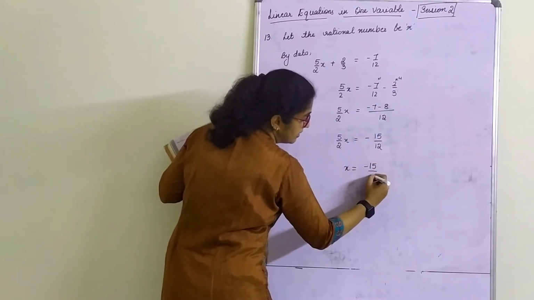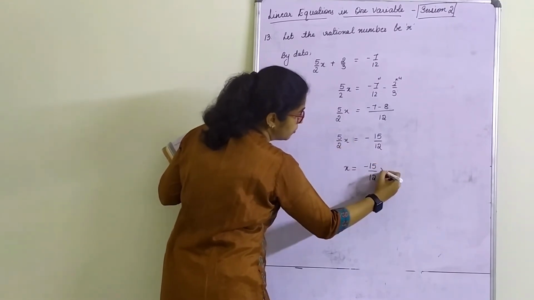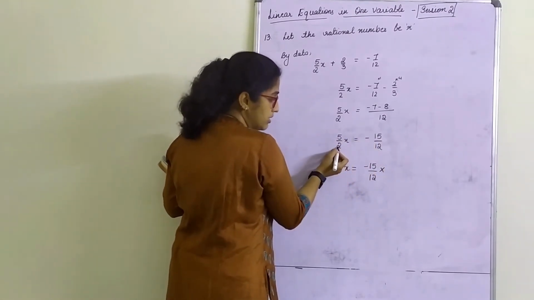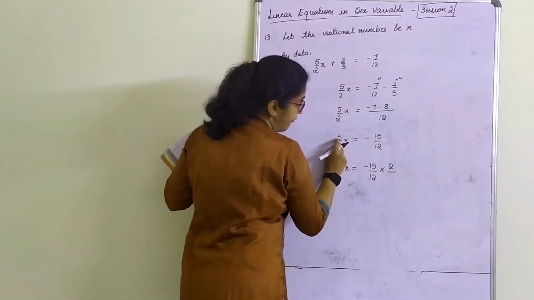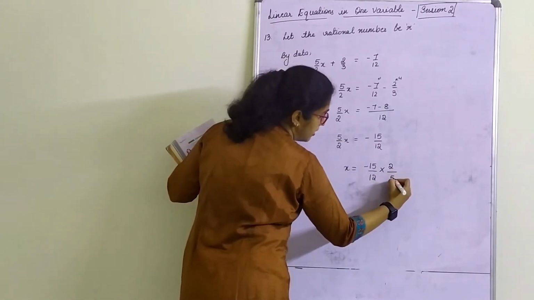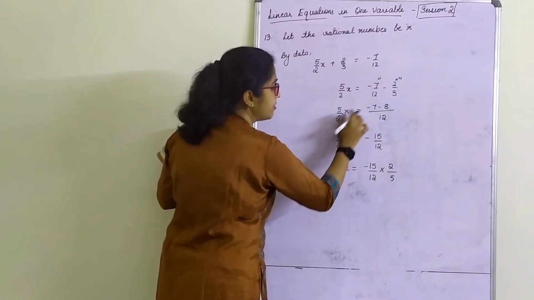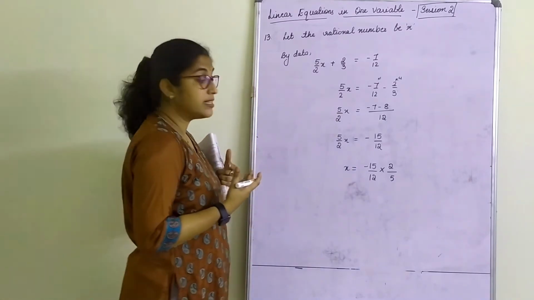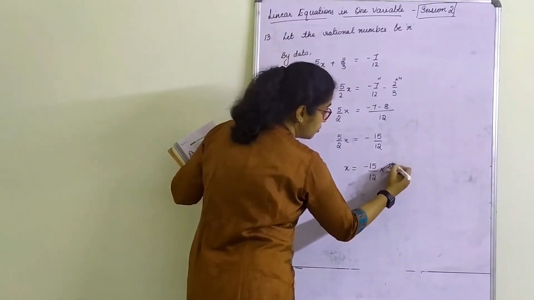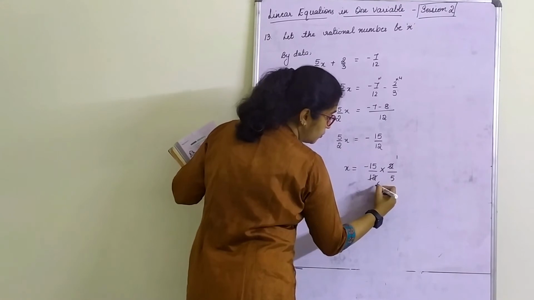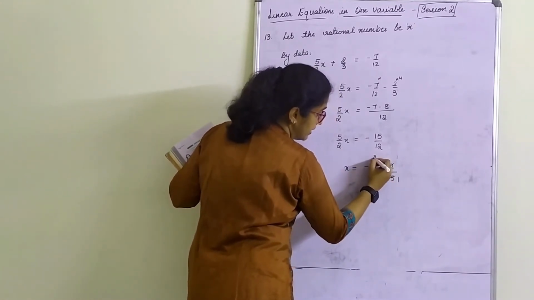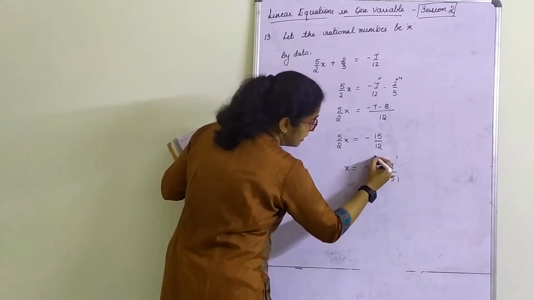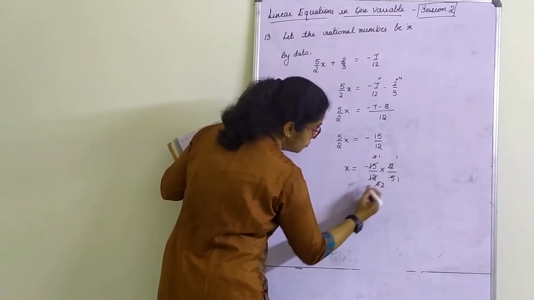Minus 15 by 12. 5 by 2 reciprocal, when it goes this side, division becomes multiplication. When this number is transposed to other side, that becomes its reciprocal. So 2 ones are 2, 6 are 12, 5 ones are 5, 3s are 15, 3 ones are 3, 2s are 6.